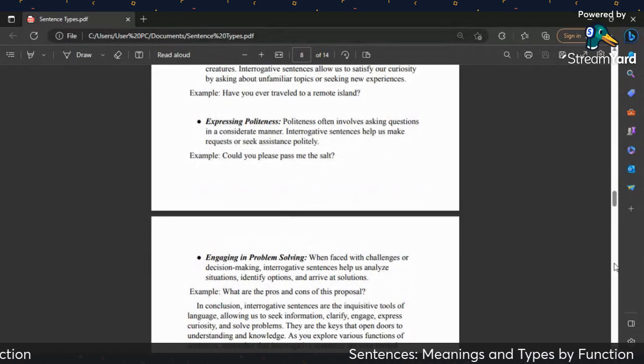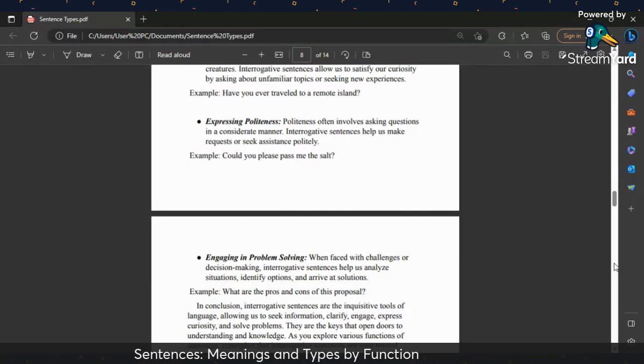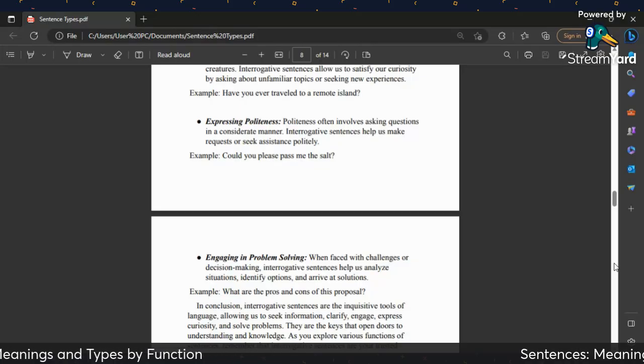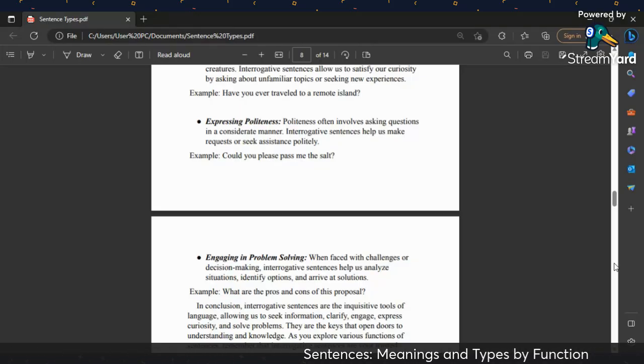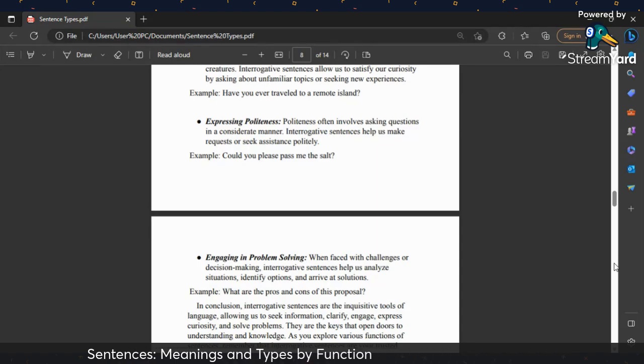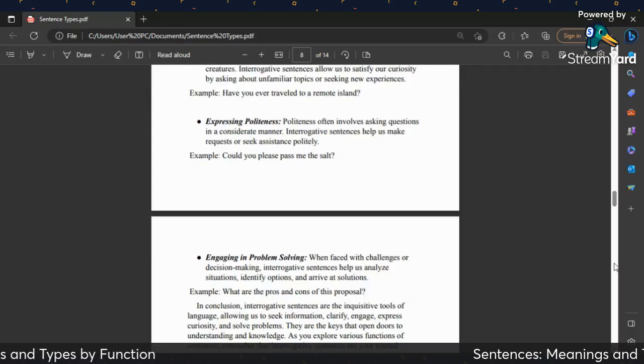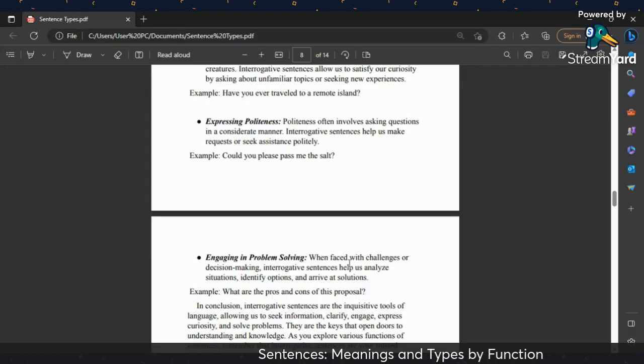Expressing politeness. We also use the interrogative sentence to express politeness. When I say expressing politeness, I mean asking questions in a considerate manner. It helps you to seek permission, seek assistance, or make requests politely. Could you please pass me the salt? Could you please help me? Etc. And another one is engaging in problem solving.